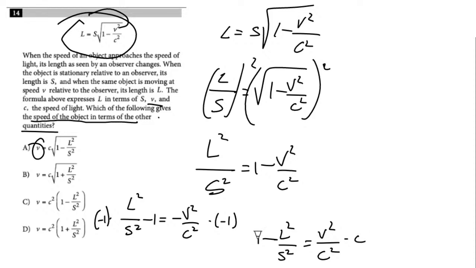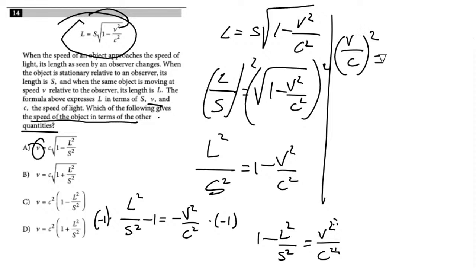Or what I actually can do here instead, since we have squares, is rewrite it in a different way. I can write it as v squared divided by c squared equals 1 minus L squared divided by s squared. Now I take the square root of both sides.